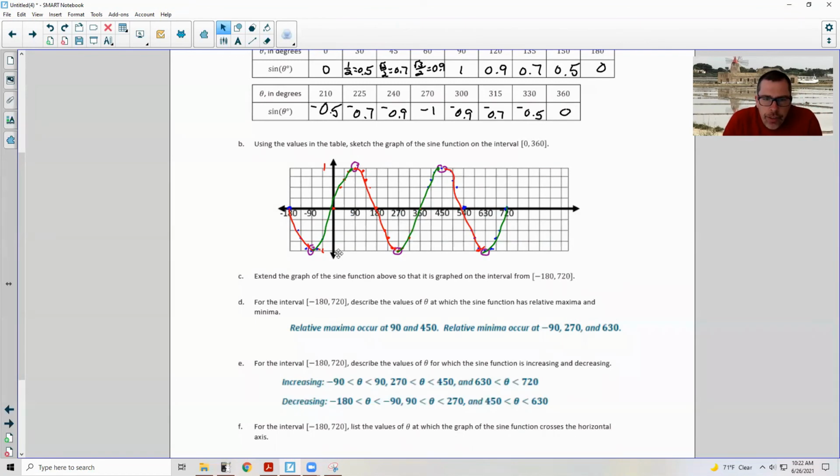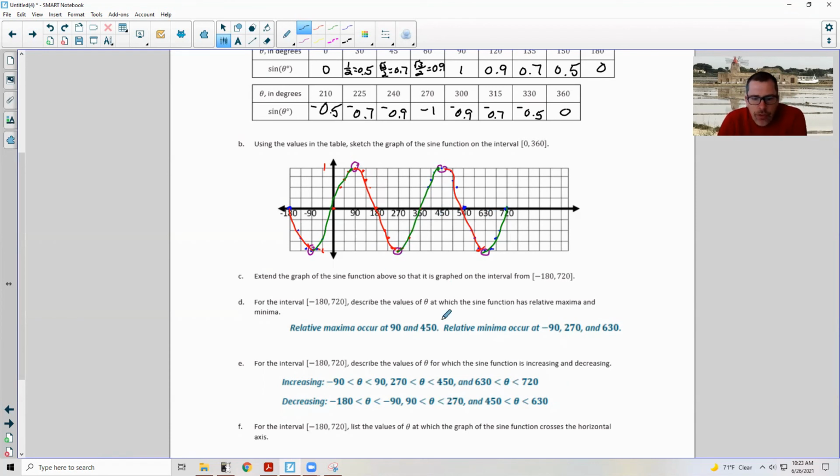Okay, so it is increasing from -90 to 90 degrees. It was also increasing from 270 to 450, which it says right here, and increasing from 630 to 720. It is decreasing from negative 180 to negative 90, which is right here, and from 90 to 270, and then finally decreasing from 450 degrees all the way over to 630 degrees.